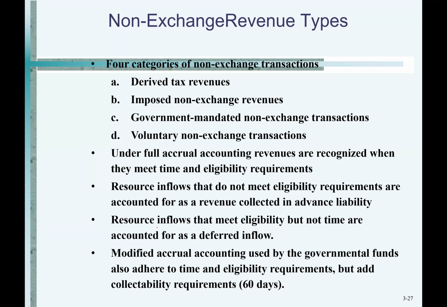We'll say it's not going to be collected until April of 2026 in this example. That would be a revenue of 2026 because it fell outside of the 60 days under modified accrual at the fund level. Meanwhile, we would have included that as a revenue at the government-wide level because under full accrual accounting, we don't worry about that 60-day criteria.